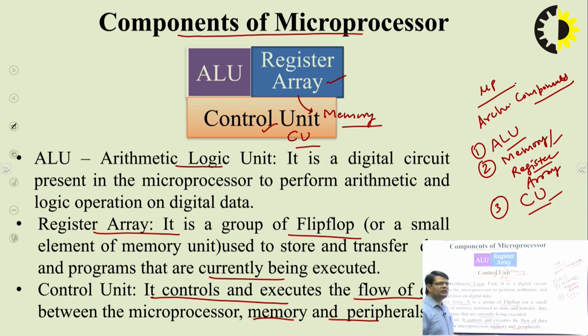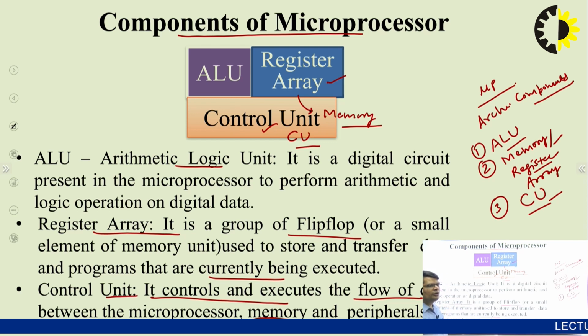Control signals like memory read, memory write, IO read, IO write, etc. are generated by this control unit, and it also performs tasks related to timing and synchronization. Actually in the microprocessor everything is done with respect to the system clock, so all tasks are controlled and managed by this control unit under the influence of the system clock.